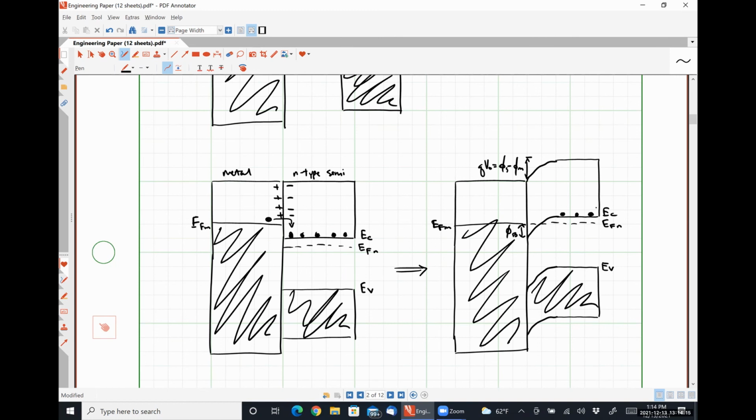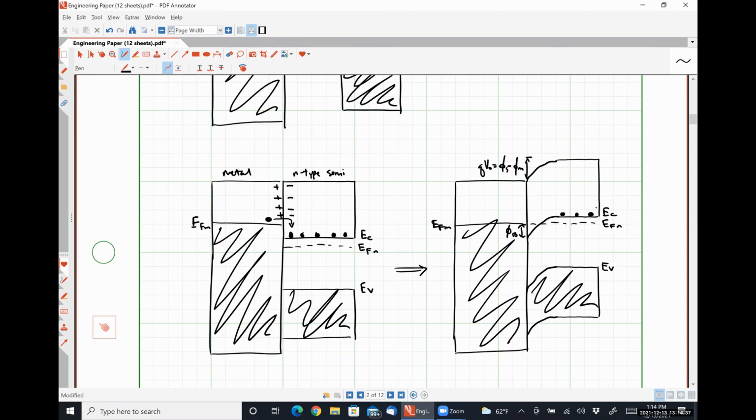And lest I forget, our conduction band still has electrons. So what happens when we bias this guy? Well, when we forward bias it, we're moving the semiconductor band structure up, right?